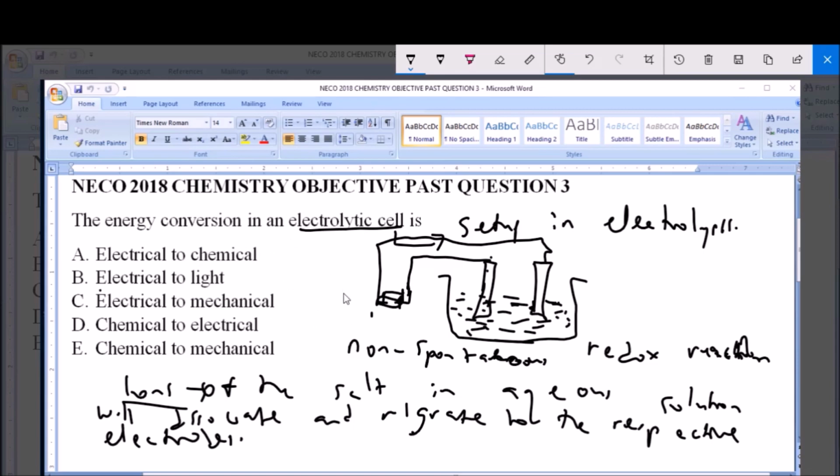Now if you look at what is happening here, you have electrical energy from the power source, from the voltage source. You have electrical energy passing into the electrodes, which then causes dissociation of the aqueous solution of the salt and migration of ions.